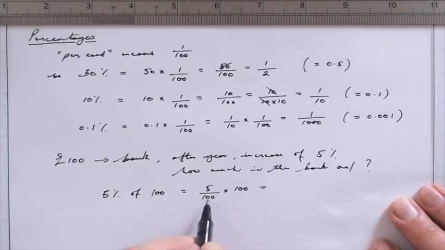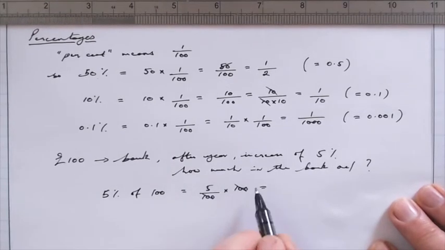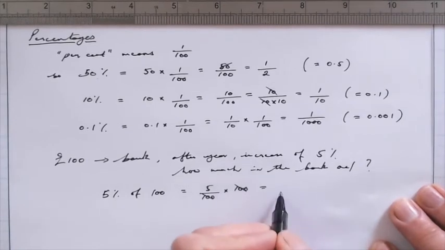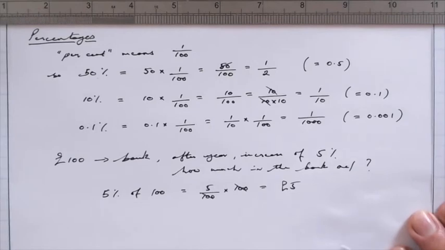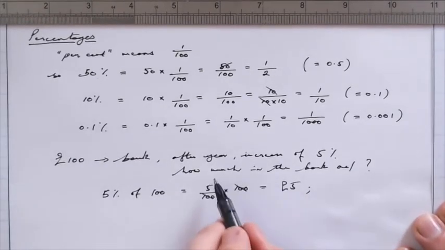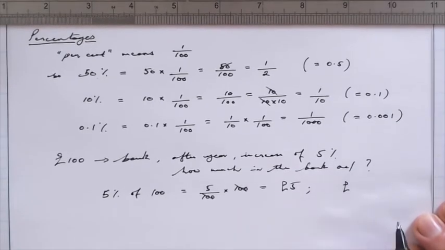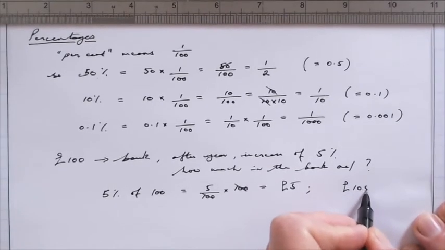In this case, it's very straightforward. The 100ths are common factors on the top and bottom, they cancel, and we're left with £5, which is the amount of interest earned. So this, in addition to the original £100, is how much is in the bank account. So after 1 year, we have £105.